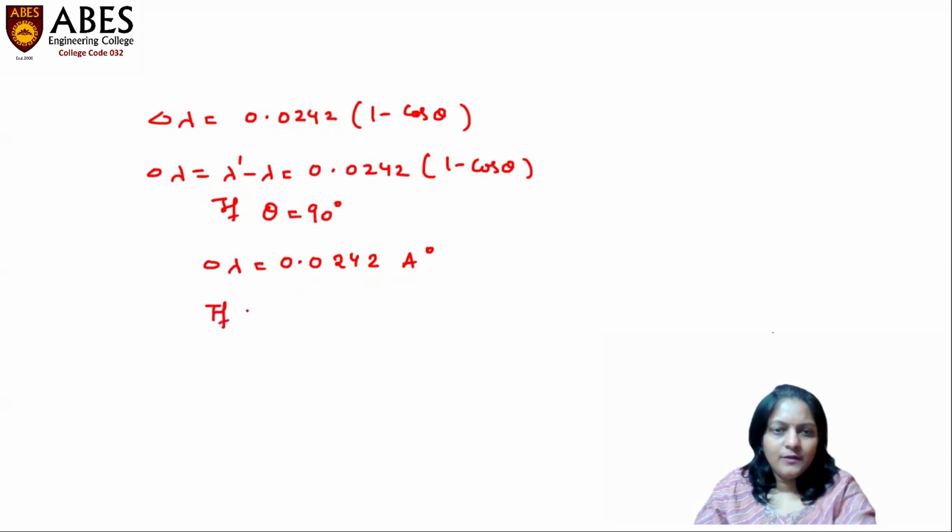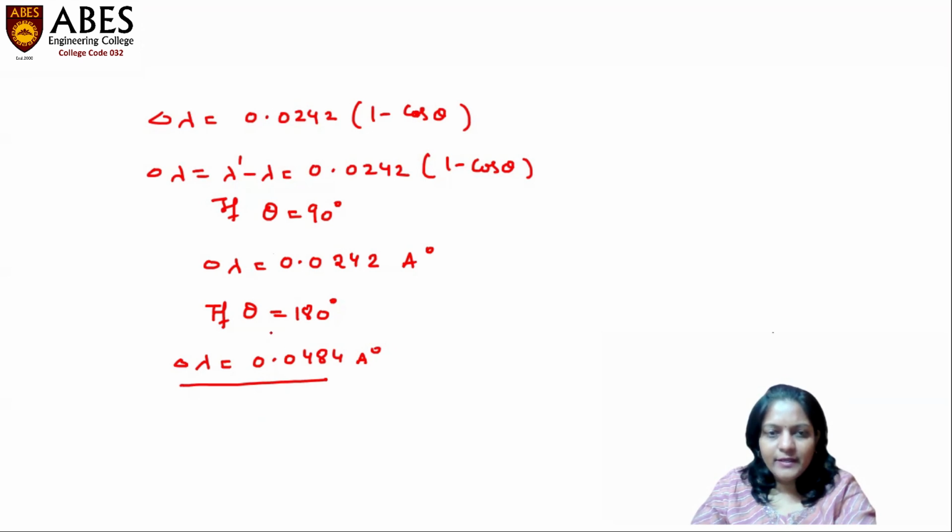If θ is 180 degrees, then the change in wavelength is 0.0484 angstrom. This is the maximum change in the wavelength, when the angle of scattering is 180 degrees. These are the Compton shift expressions.